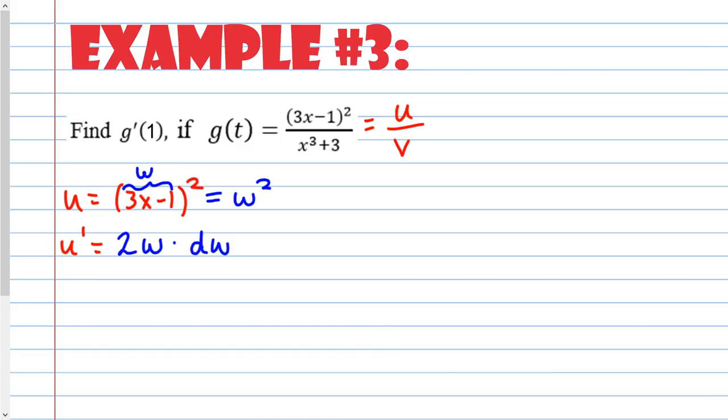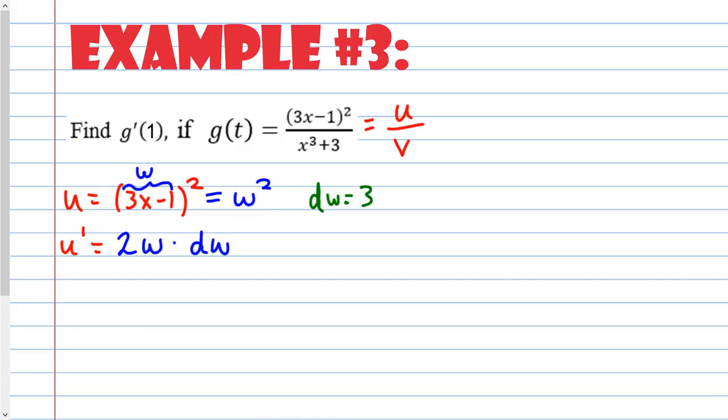So that is my inner function. The outer function involves the exponent, the squared. So that's how I get 2 times w. Now dw, let's write that down. dw is just the derivative of w. Derivative of 3x minus 1, which is just 3.